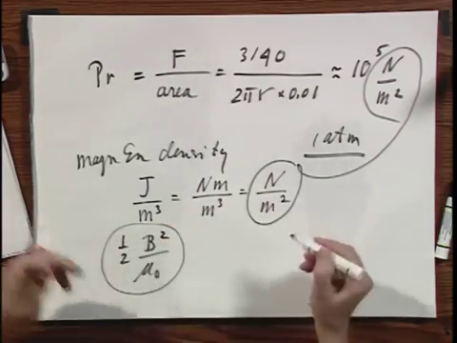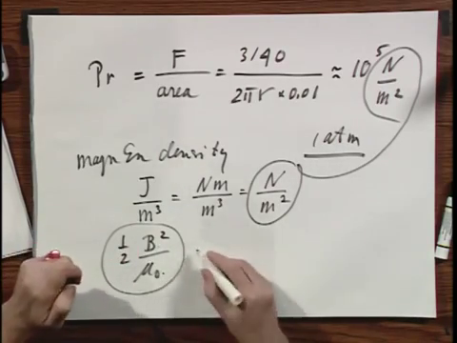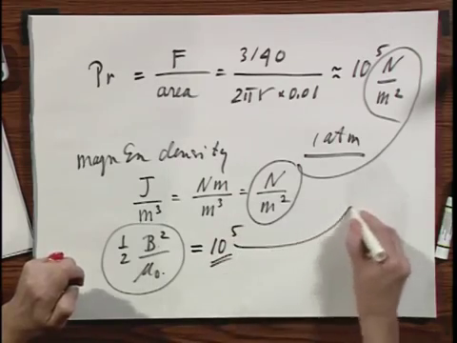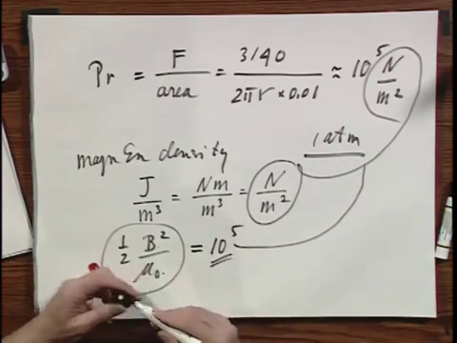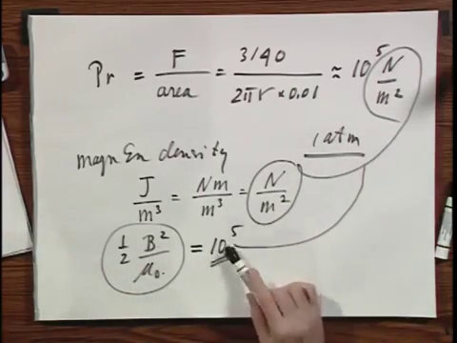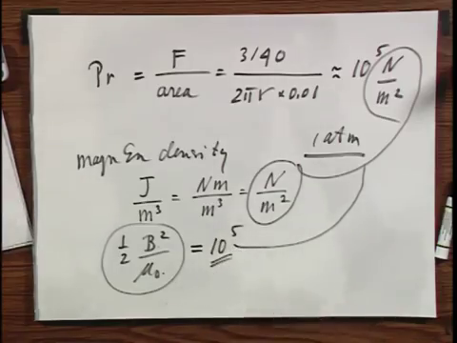If B is not constant, it's a little harder. And you put in the numbers for B and for mu 0, what do you find? Lo and behold, you find the same 2.5 times 10 to the power 5. So again, you find the same 1 atmosphere. So in this case, the magnetic energy density is exactly the same as the overpressure that the solenoid will experience.